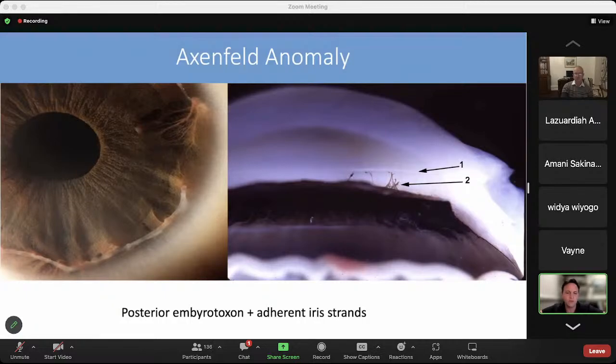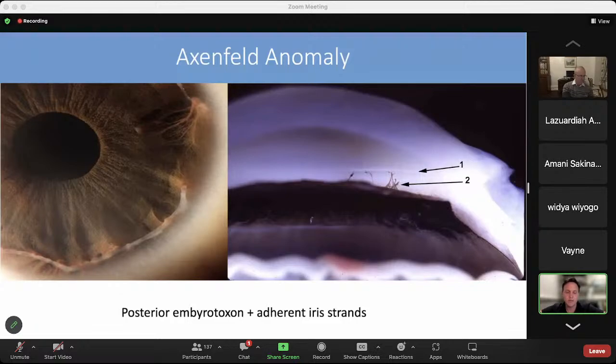The anomaly itself is the term we use to describe where you see posterior embryotoxon, which we can see in up to 10-15% of the normal population. But what is different is you have adherent strands of iris coming up and attaching to that anteriorly displaced Schwalbe's line, which is what the posterior embryotoxon is.